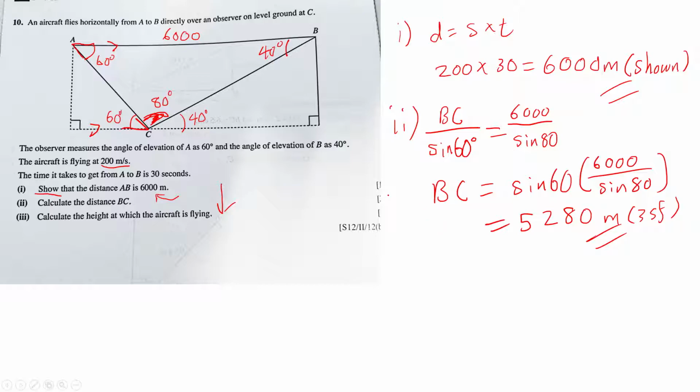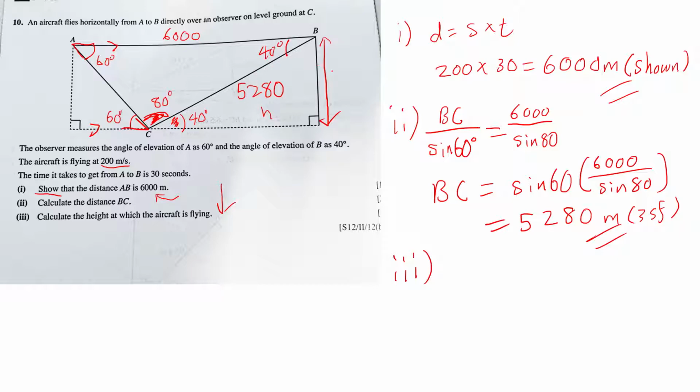Then calculate the height at which the airplane is flying. So since we have the hypotenuse down here, the height will simply be this. We got this angle down here, which is 40. We have the hypotenuse.